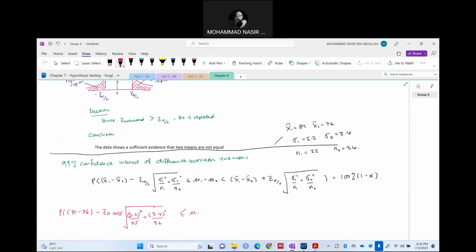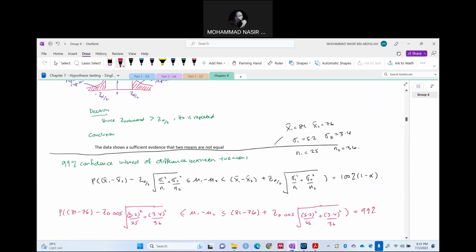And then for mu1 minus mu2, the upper confidence limit is the same thing, but we plus, right? Plus z 0.005 times the square root of 5.2 square over 25 plus 3.4 square over 36. So this should be equal to 99%.